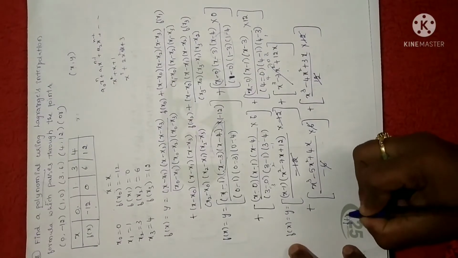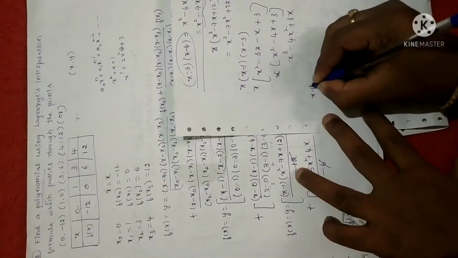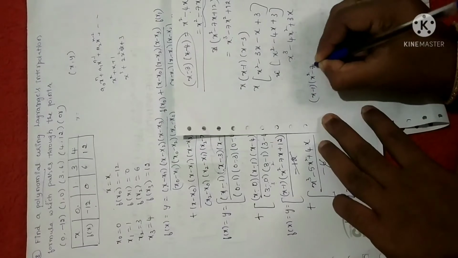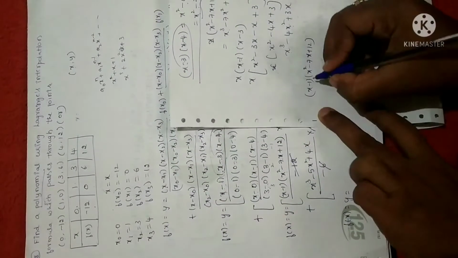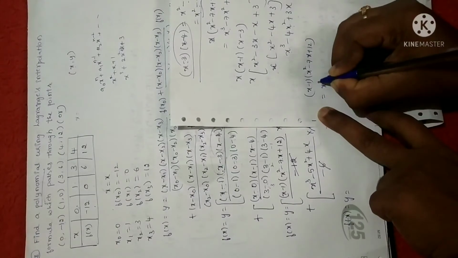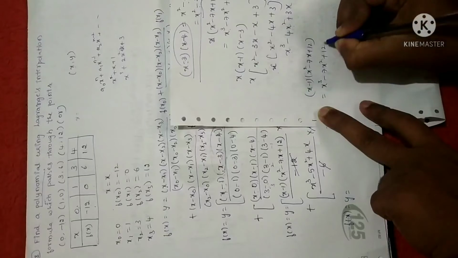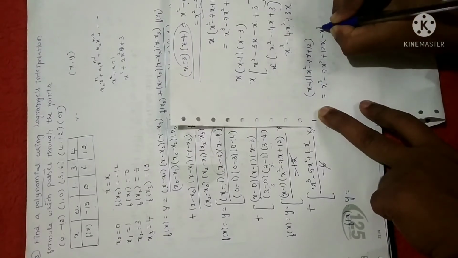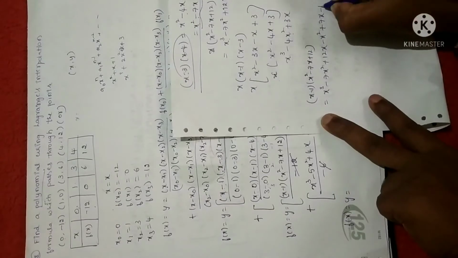So f of x is equal to y is equal to, now I'm going to multiply this term. See here, x minus 1 into x square minus 7x plus 12. When you multiply, you will get x into x square is x cube, minus 7 into x is minus 7x square, plus 12 into x is 12x. Again minus x square, minus into minus is plus 7x, minus into plus is minus 12.